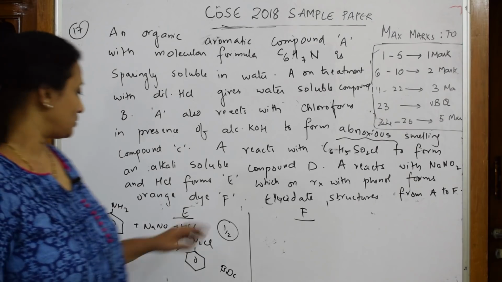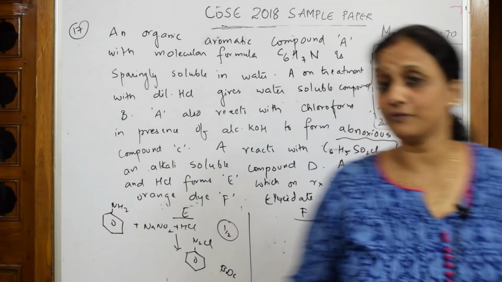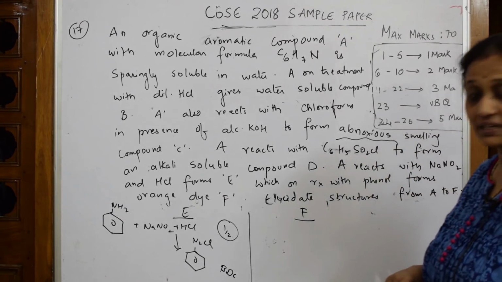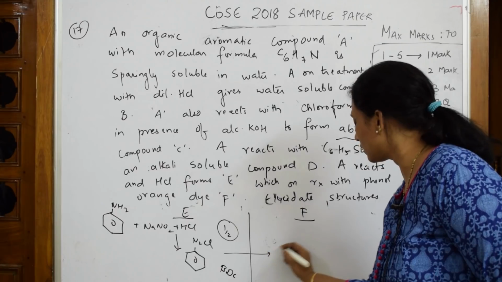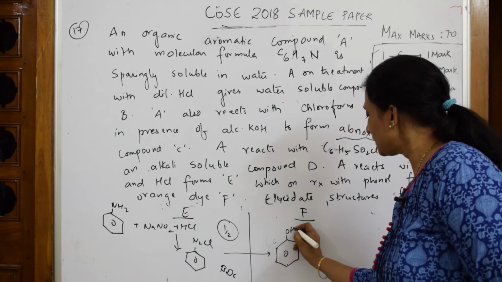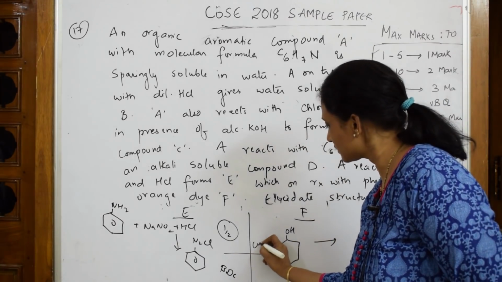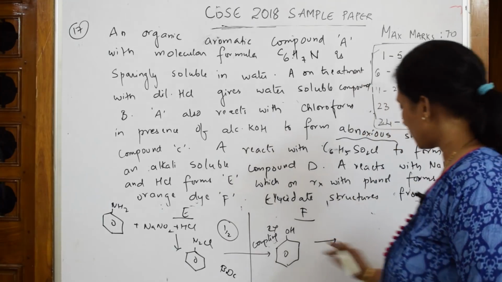Now it forms E, which on reaction with phenol forms an orange colored dye F. Very important here, coupling reaction. When this compound combines with phenol, it's going to form a coupling product. Go back to that reaction I showed and see what product you will get.